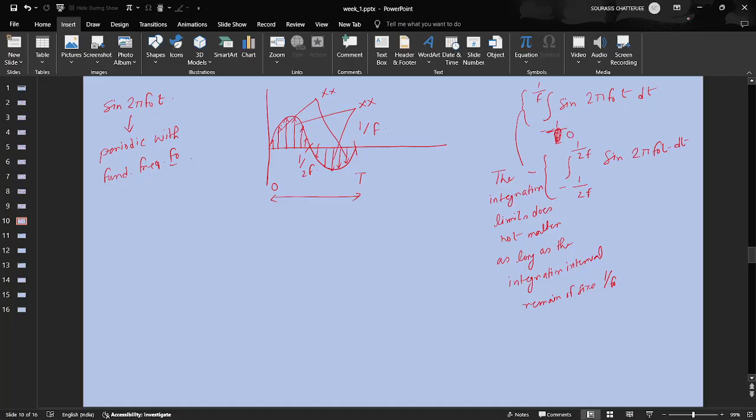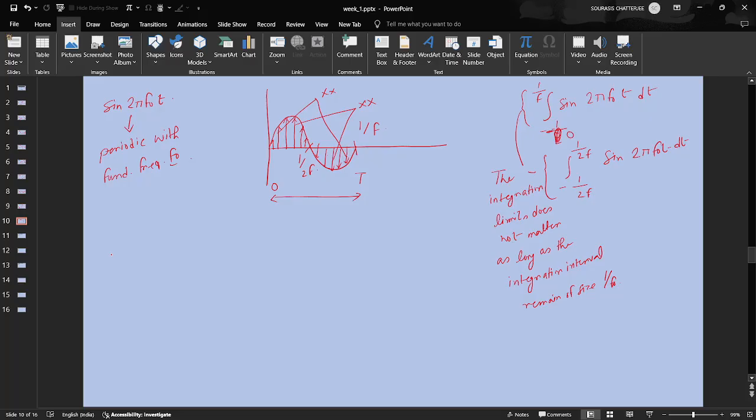Similarly, for every value in the positive quadrant, there will be something of the same magnitude but different direction, that is negative, present in the negative quadrant. So when you integrate over one full period, your positive quadrant and your negative quadrant effectively cancel each other.